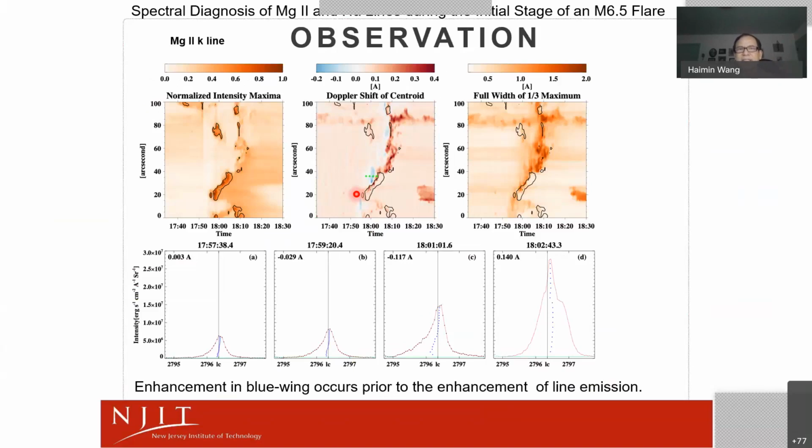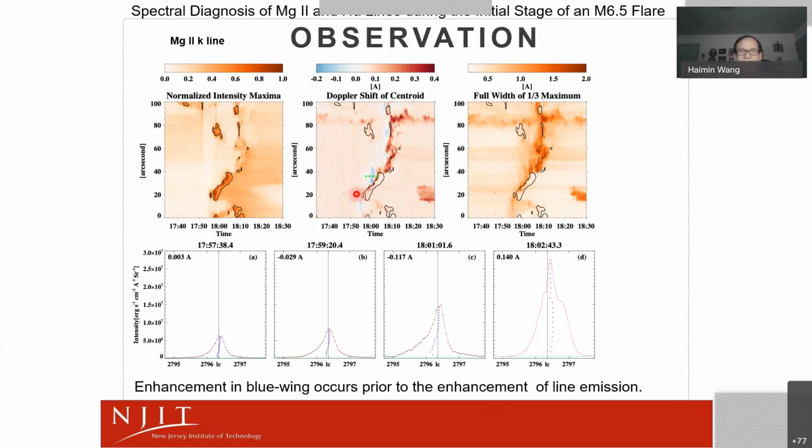Another phenomenon is about the sequence of blue shift and red shift of the solar flare, in lines such as the H alpha line. Conventional wisdom is that when flare electrons come down, you see a red shift because that's an electron moving towards you if you're observing the sun.